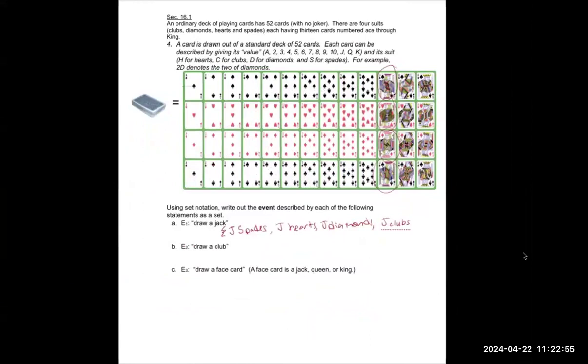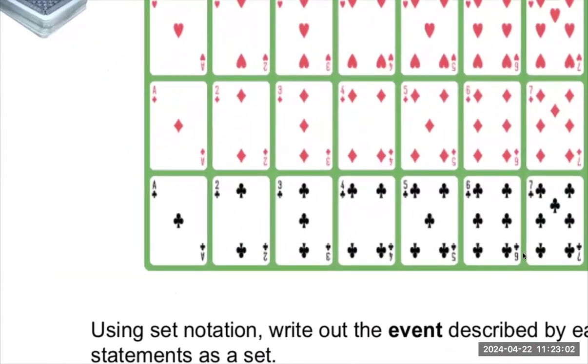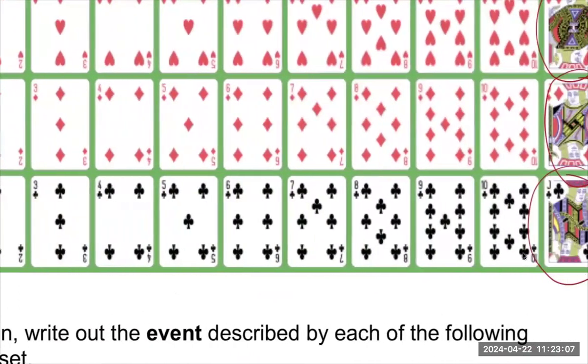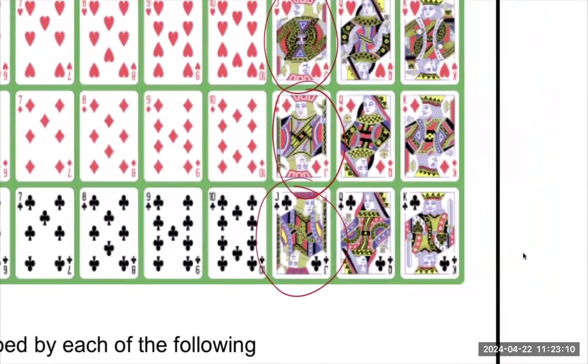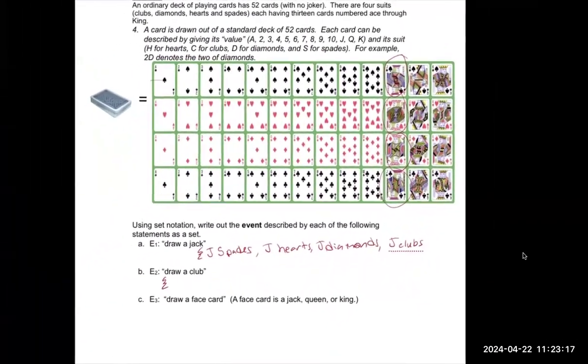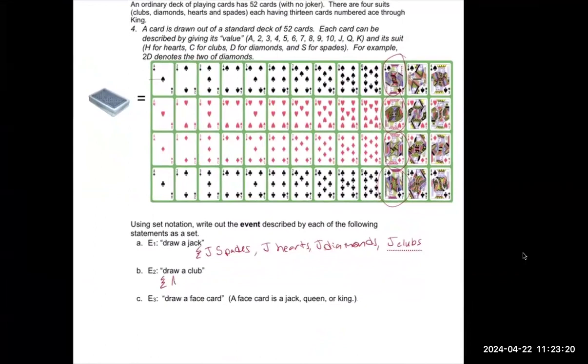Then the next event is draw a club. When we look at the clubs, I could get an ace of clubs, a 2 of clubs, 3 of clubs, 4 of clubs, 5, 6, 7, 8, 9 of clubs, all the way to king. Ace to king of clubs. I'll put AC, which is short for ace of clubs. There's no 1 in a deck of cards, unless you're counting ace as the 1.